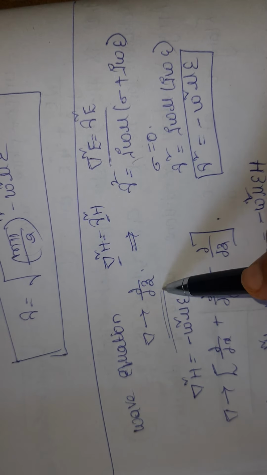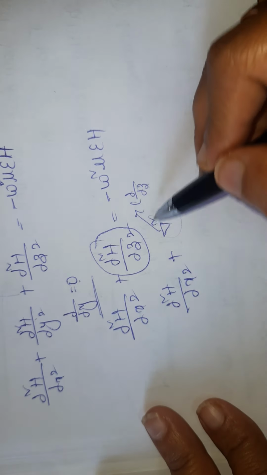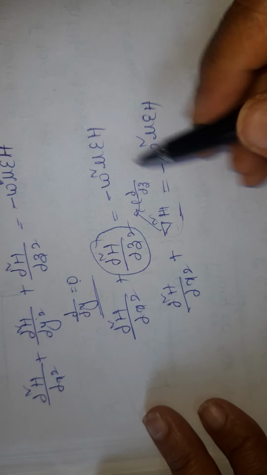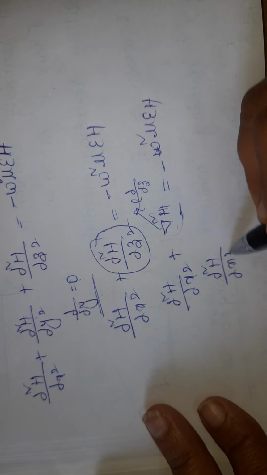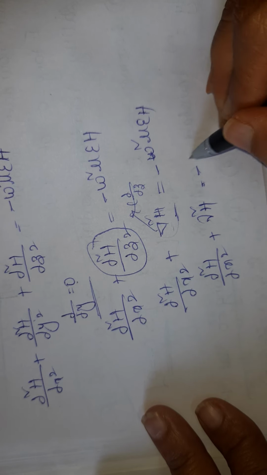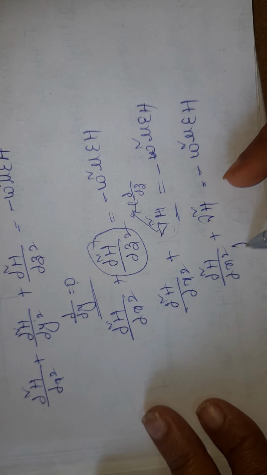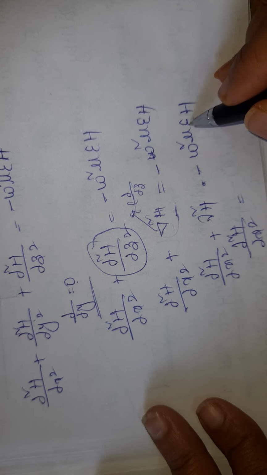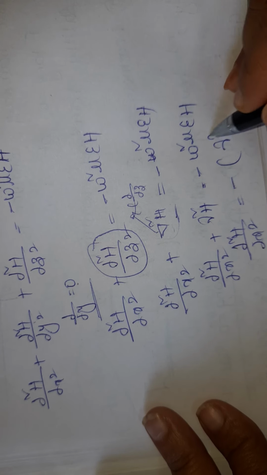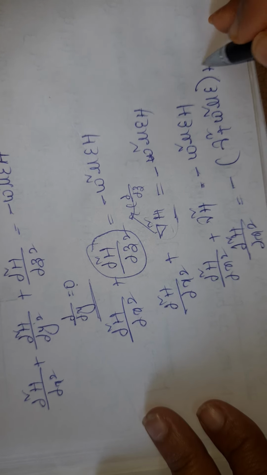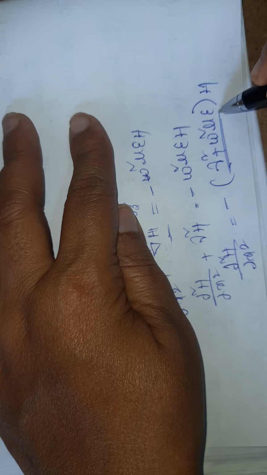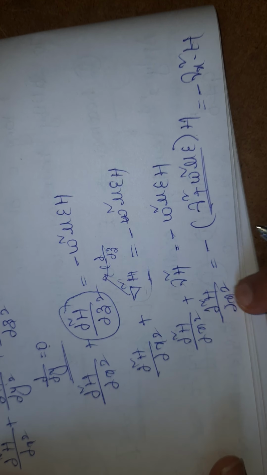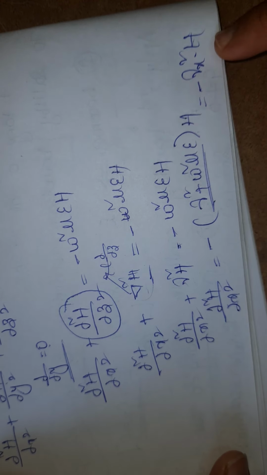So I can replace it with del square H, which is gamma square H, equal to minus omega square mu epsilon H. So dou square H by dou x square is equal to, bringing gamma square H to the right side and taking minus common, minus gamma square plus omega square mu epsilon into H. This is nothing but gamma x square into H. So dou square H by dou x square is minus gamma x square into H.